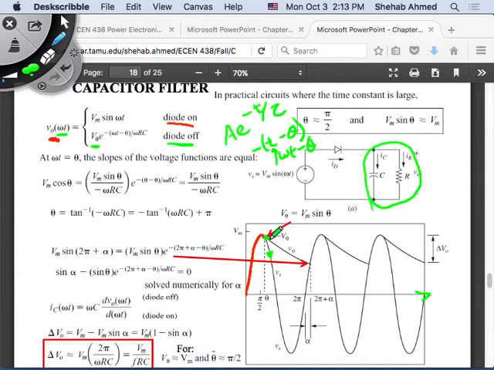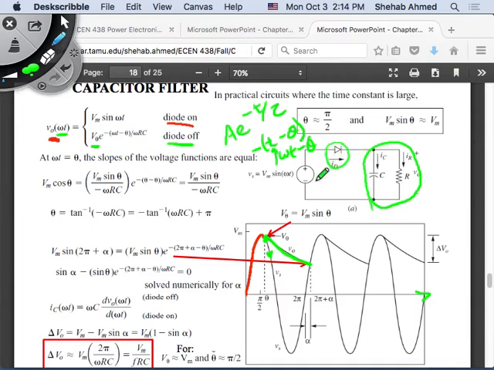It's an exponential function. Where does it start? It starts at theta. We don't know where theta is yet. We said that there's a point theta where what happens? Where the input voltage is falling a lot faster than the capacitor's voltage. The capacitor is discharging, so the diode will turn off.